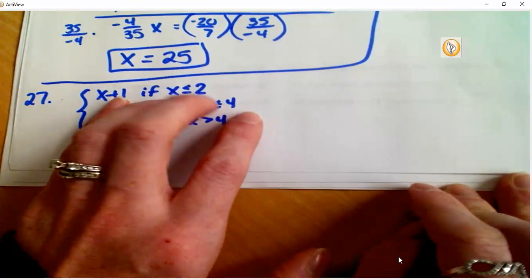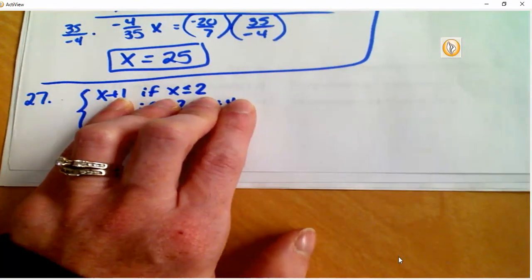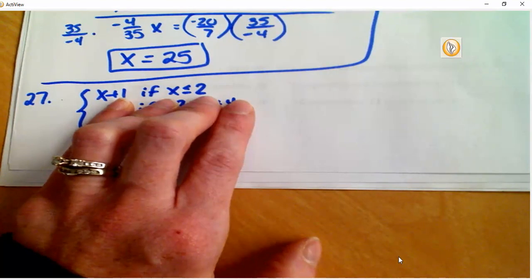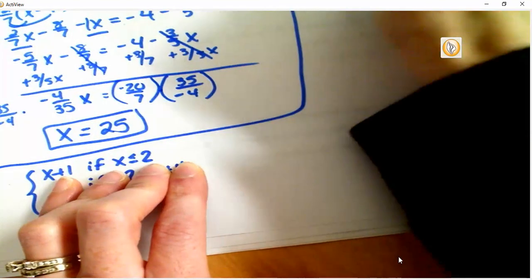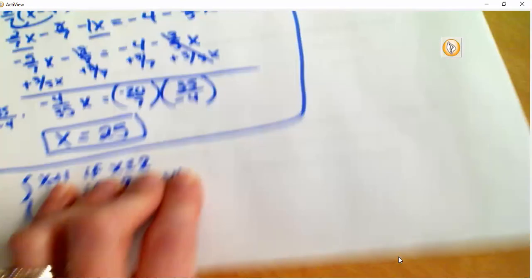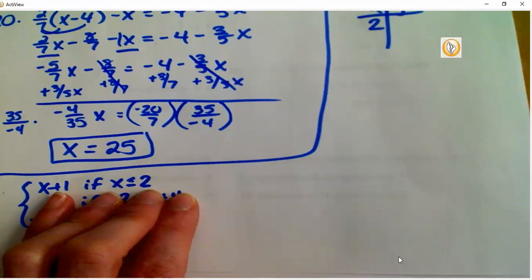Okay, so we start with the first chart. What's the first x value we have to plug in? 2. Will it be open or closed at 2? Closed, because it's equal to.